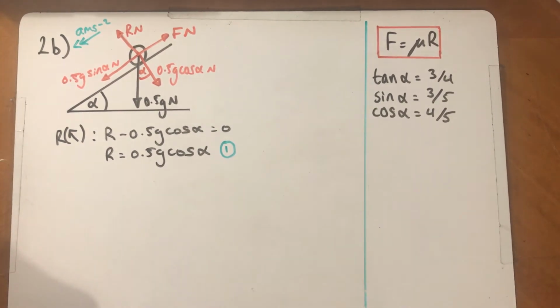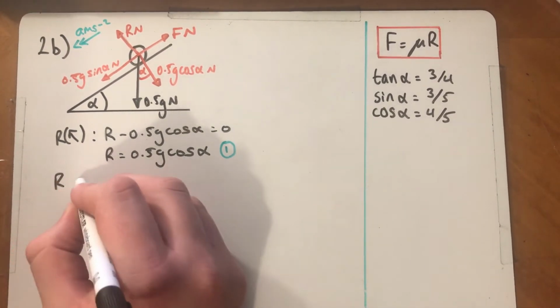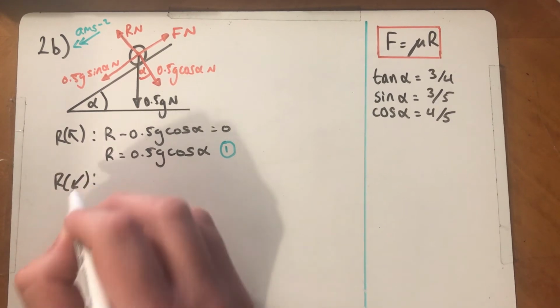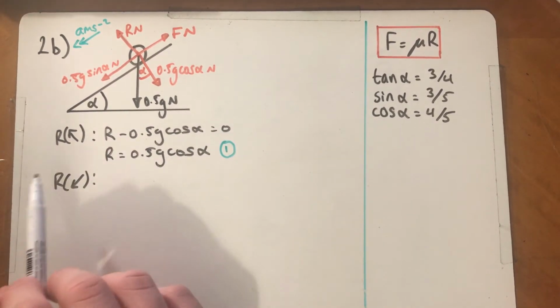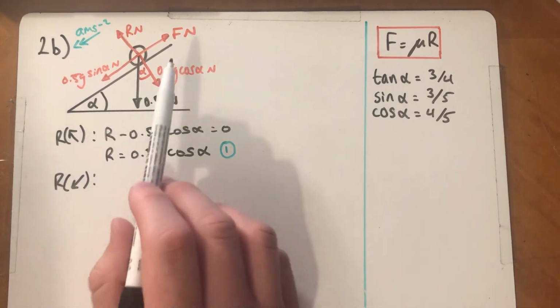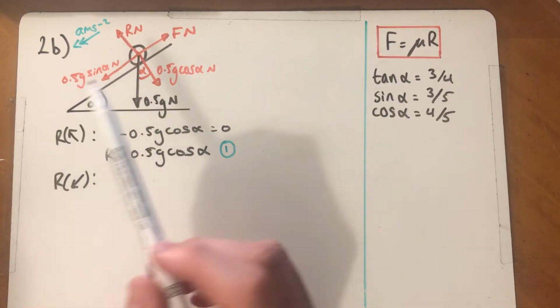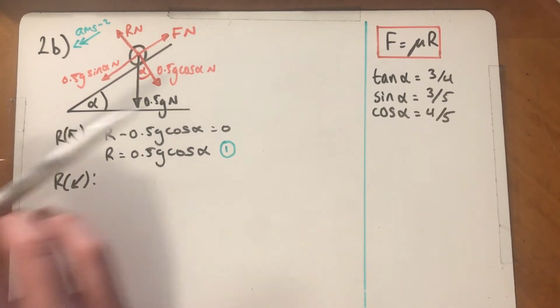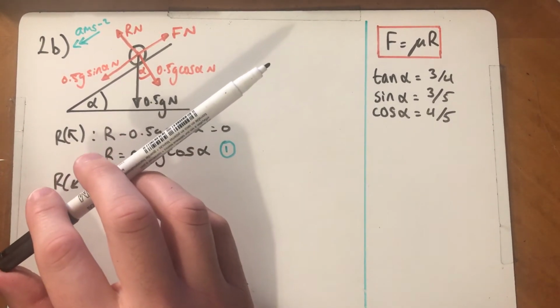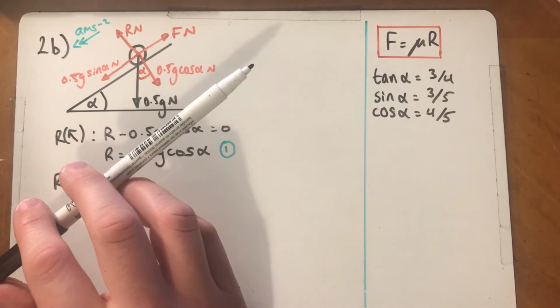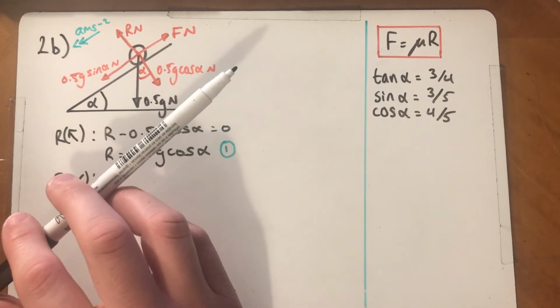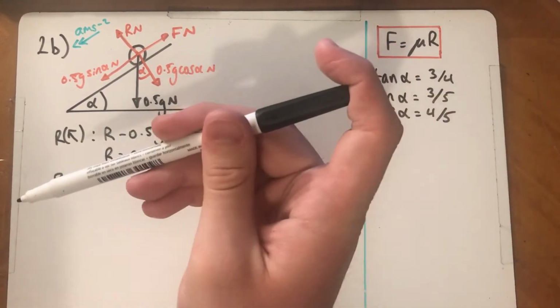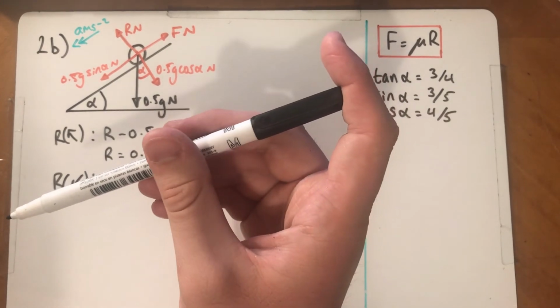The next thing I'm going to do is resolve down the plane. It's probably best in this situation to resolve down the plane because our acceleration is going down the plane. If we were to resolve up the plane, our acceleration would come out as negative, and we would then need to change that in our answer and say the actual acceleration down the plane is a positive value.